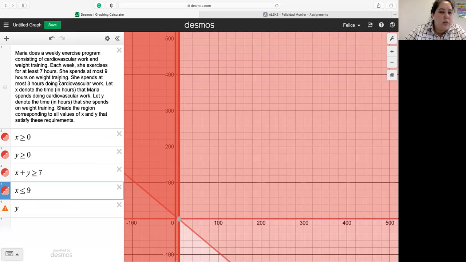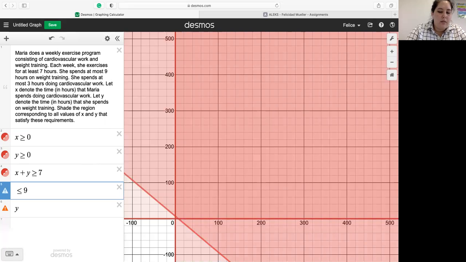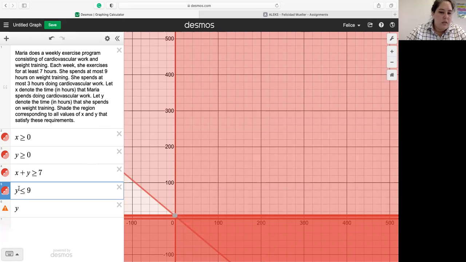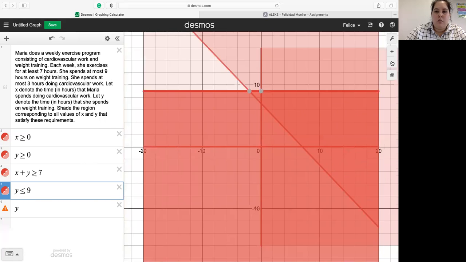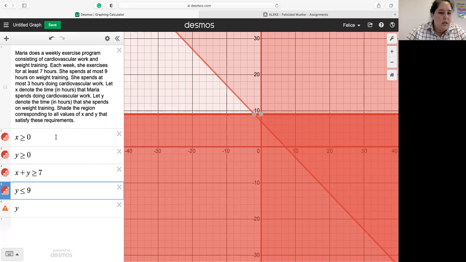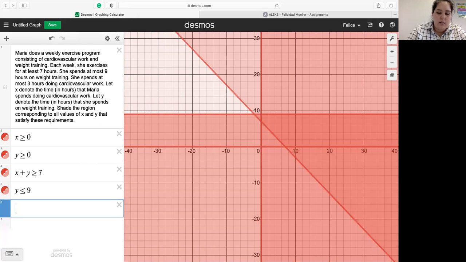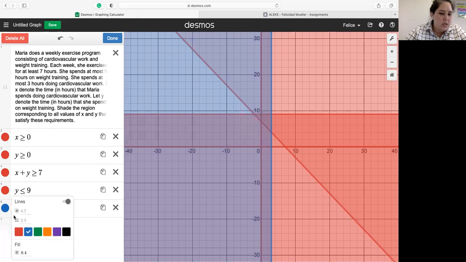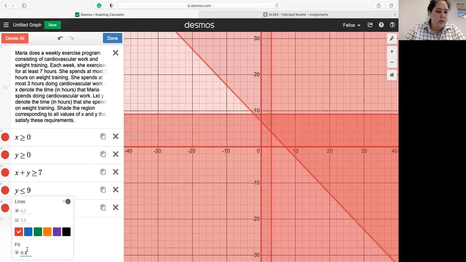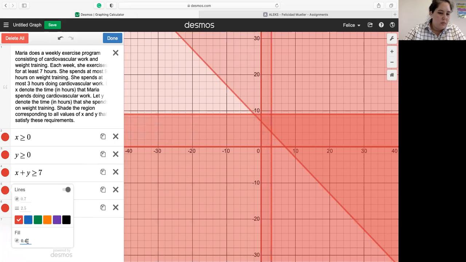So 9 goes with weights, and weights is denoted by Y. So this should have been a Y. And then we have X is at most 3 hours. So again, I'm going to change this, we're going to also make it lighter.